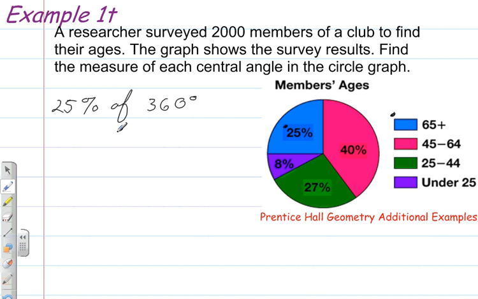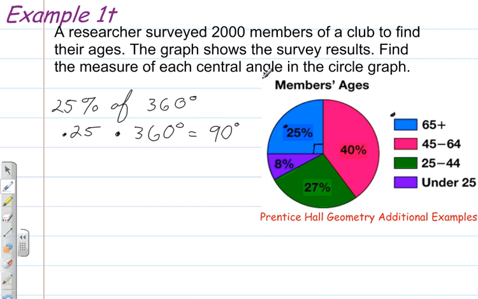And if you remember, of translates into multiplication. We convert 25% into its decimal form, which would be 0.25. And you would multiply that by 360 degrees to get the angle measure of this. Hopefully, you understand that that's 90 degrees. You could just divide 360 by 4 also. This is a 90-degree angle here.